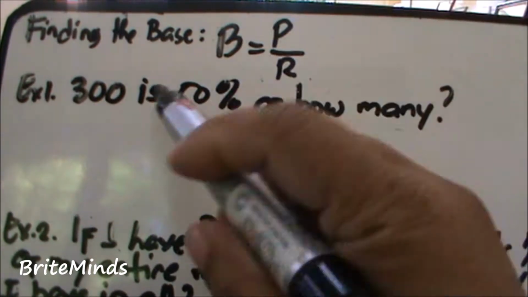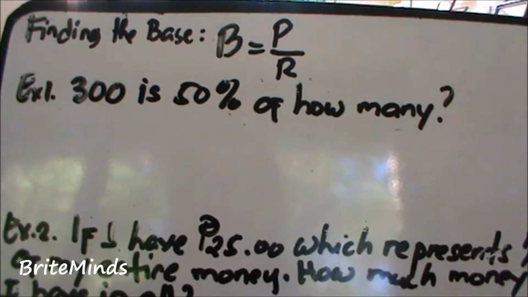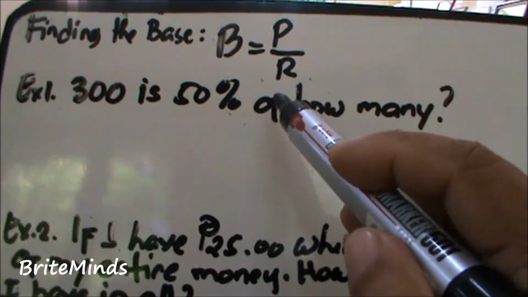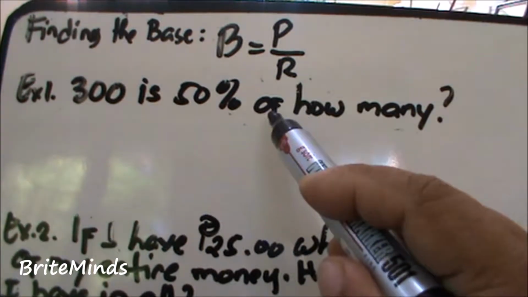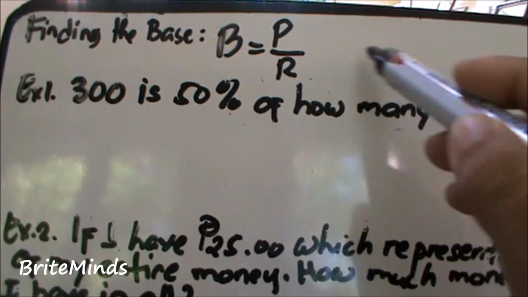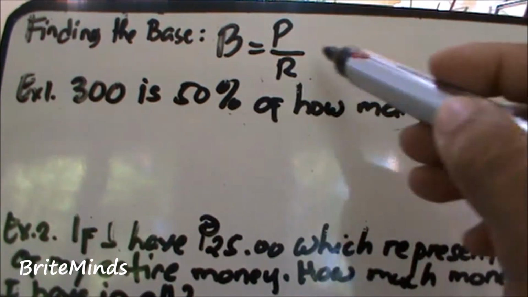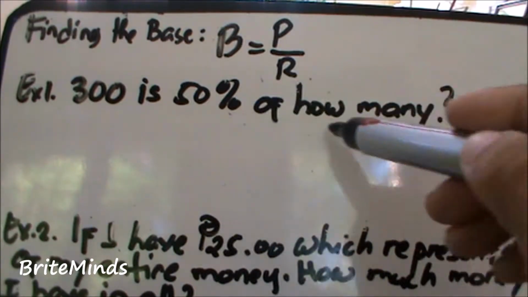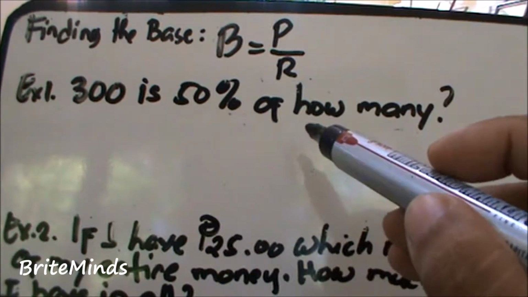Like we have here in our example. Example number 1: 300 is 50% of how many? So remember, the problem is asking for the base.